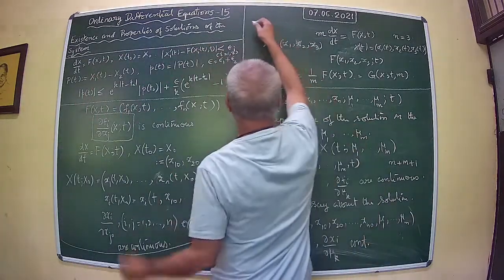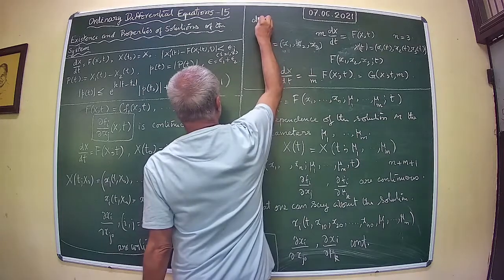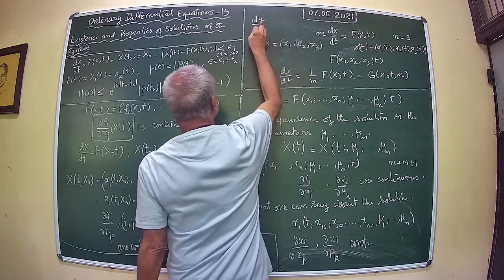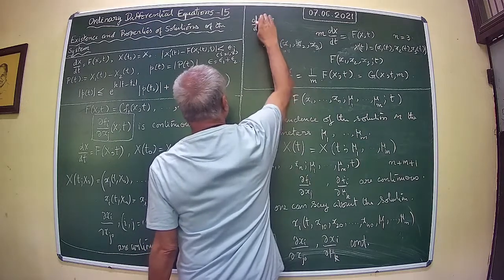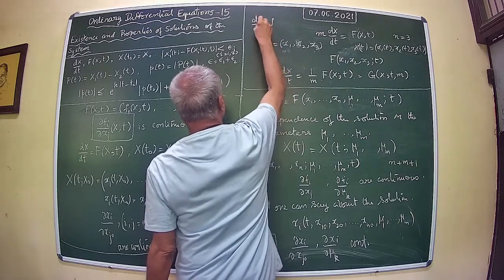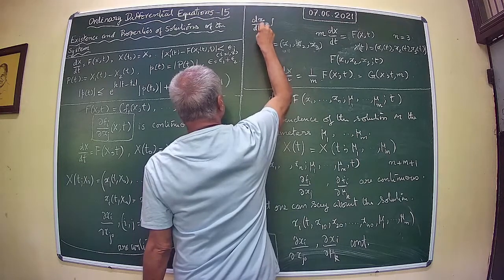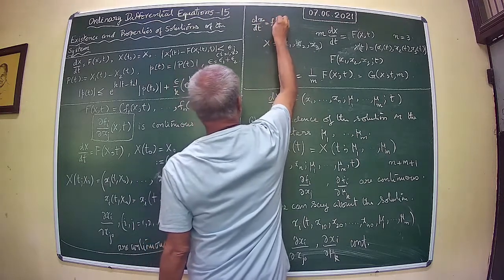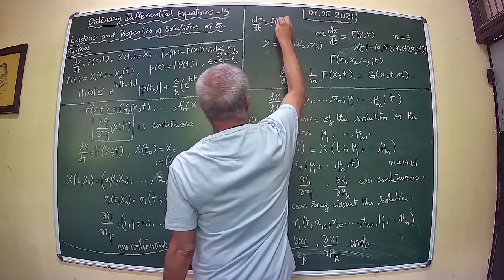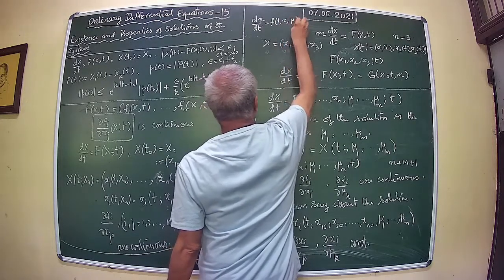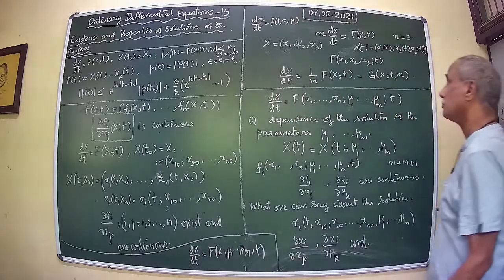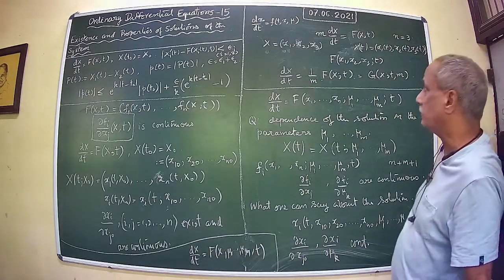The analogous problem is dx by dt equal to f of t, x, mu, where mu is the parameter.